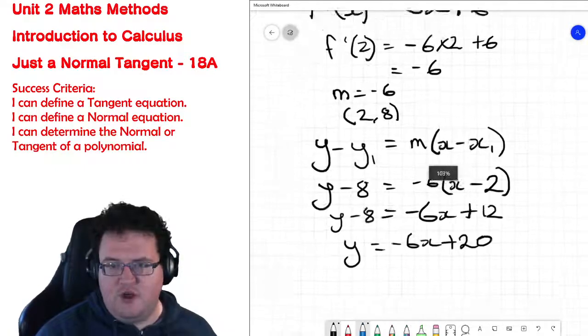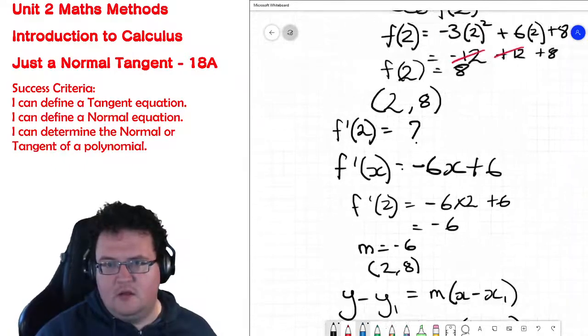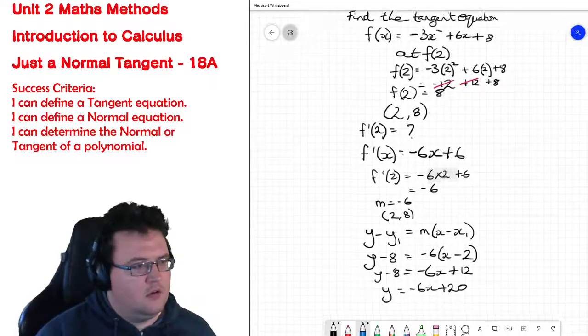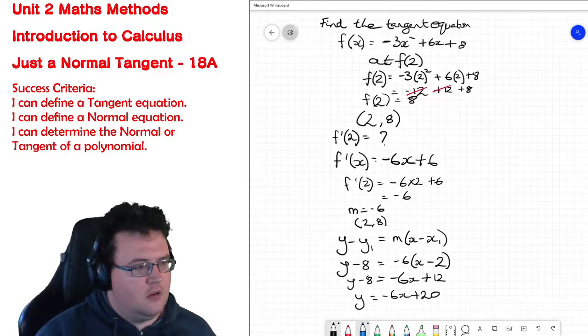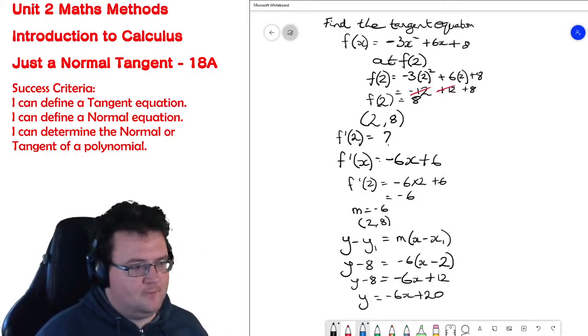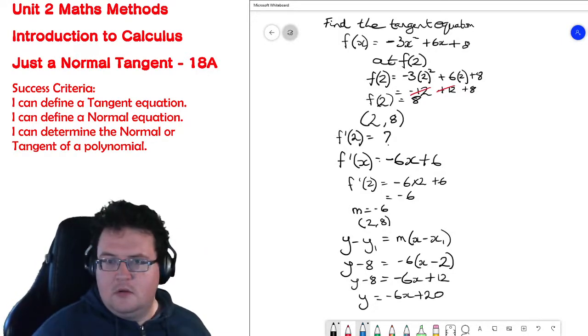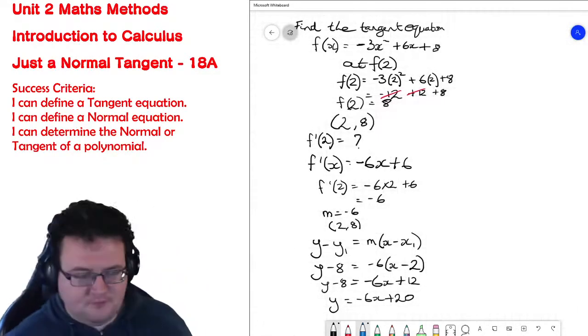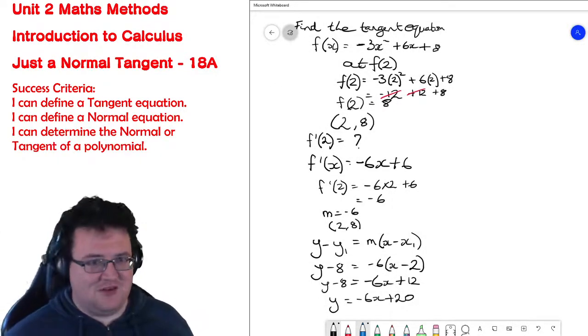So if you were to graph that, that's what your full working out would look like. So, take a wild guess what I'm going to ask you to do now.